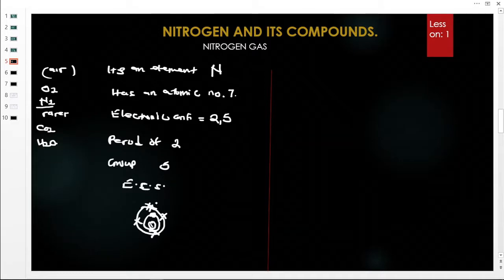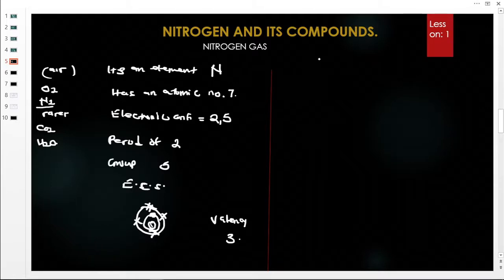So this is the electronic structure. It makes its valence 3. Valence is defined as the number of unpaired electrons on the outermost shell, or the number of electrons that take part in a chemical reaction presented by an atom. So that is nitrogen as an element.